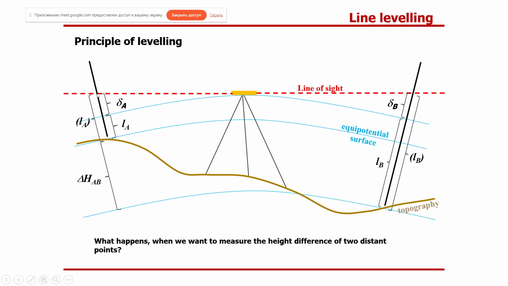write down the reading, then we rotate the instrument to the front staff, write down the reading number 2, and then we rotate the instrument to the back staff, and then we write down reading number 3.